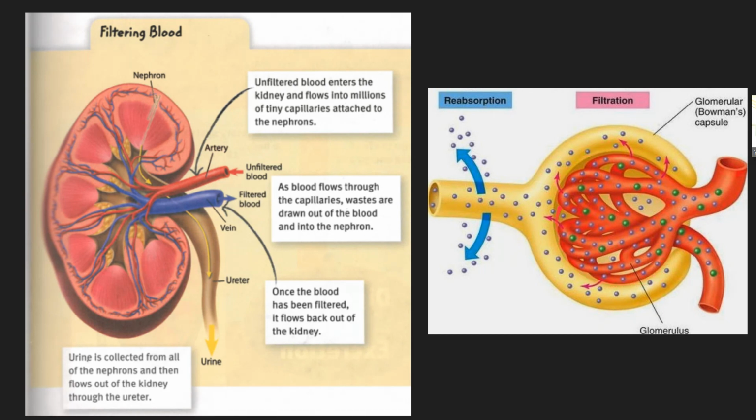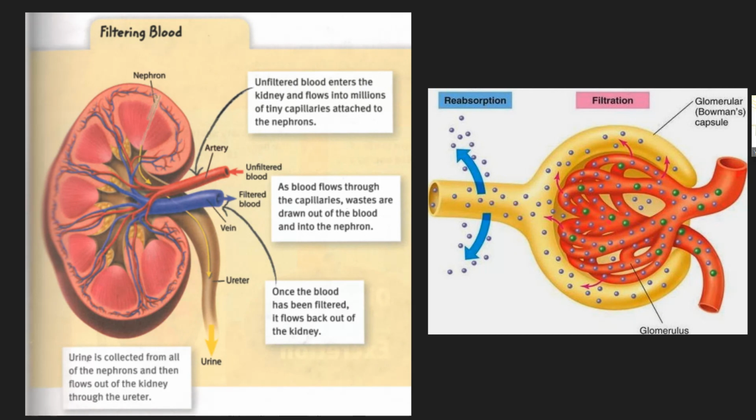So what's going on here, right? Well, notice that we have some blood vessels coming in and then leaving. So let's say the blood comes in from the top here, all right? So the blood comes in, it starts going through this part of the nephron. And as it goes through, a lot of the waste products start to go into the nephron. A lot of the waste starts to go out into the nephron over here.